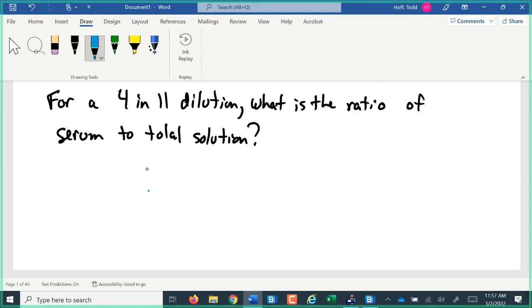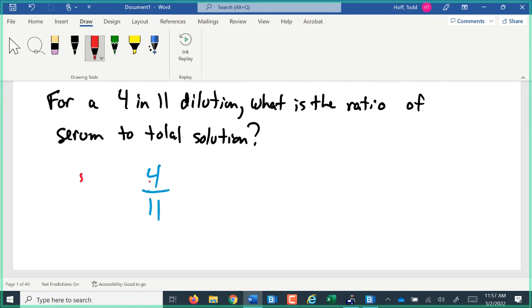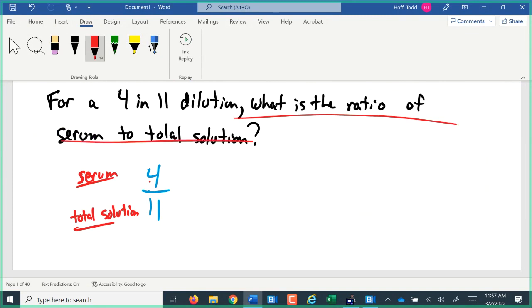Our dilution is 4 to 11. 4 does represent the parts of serum, and the 11 does represent our total solution. So the ratio of serum to total solution is just the 4 to 11 ratio.